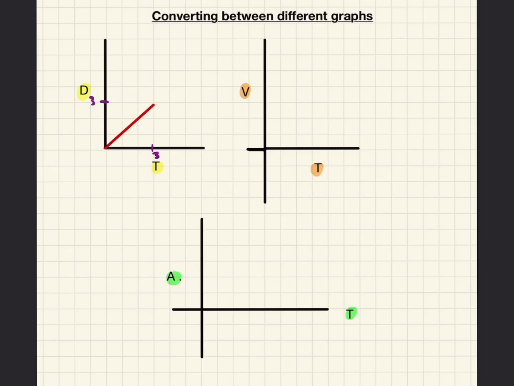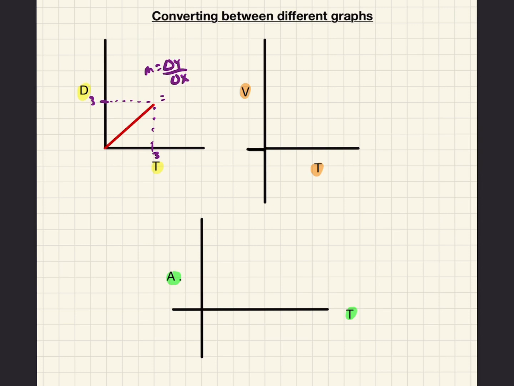So let's say I want to take this line here and translate it to a VT graph and then an AT graph. Well, I have the coordinates here at 3 and 3. So remember that the slope of a DT graph is equal to the speed or velocity. So for the slope, it's going to be the rise over the run, or the change in y over change in x.